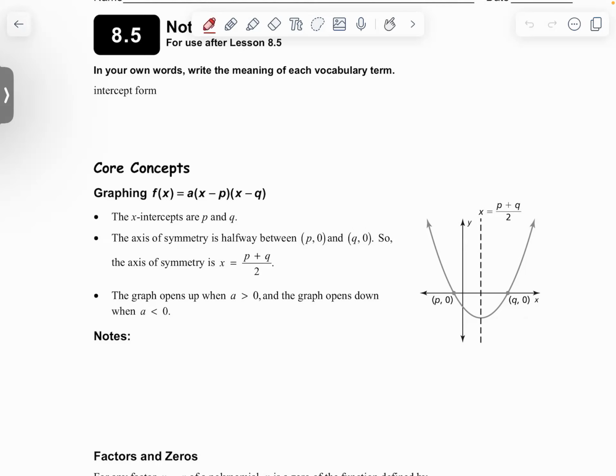Okay, so intercept form, we're going to have our a, but instead of ax squared plus bx plus c, or instead of a times x minus h squared plus k, we are going to have a times two factors, x minus p and x minus q.